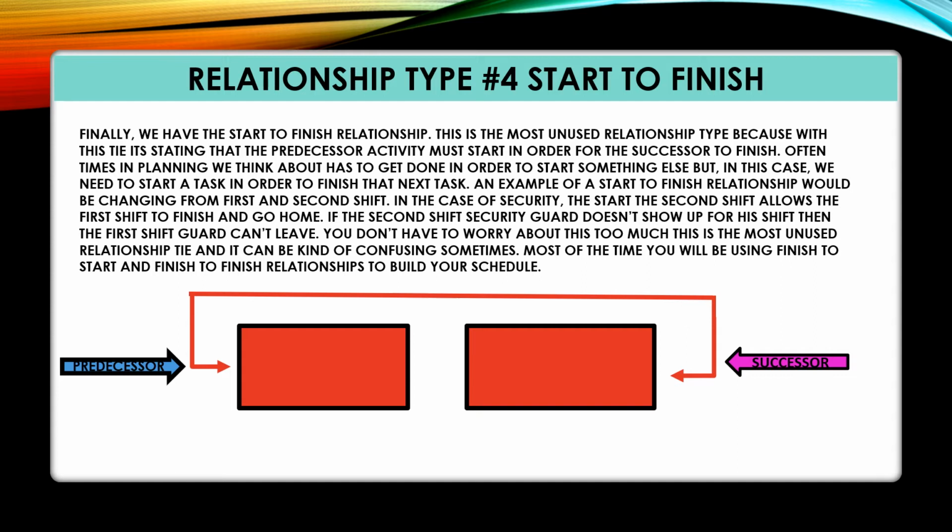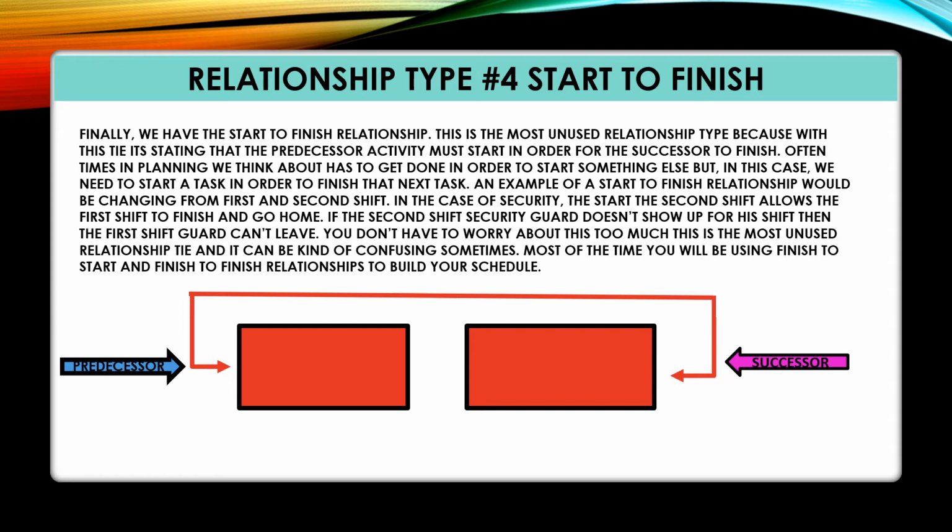An example of a start to finish relationship would be changing a first and second shift. In the case of security, the start of the second shift allows the first shift to finish and go home. If the second shift security guard doesn't show up for his shift, then the first security guard can't leave. But you don't have to worry too much about this relationship tie because it's not used very much and it can be kind of confusing sometimes.